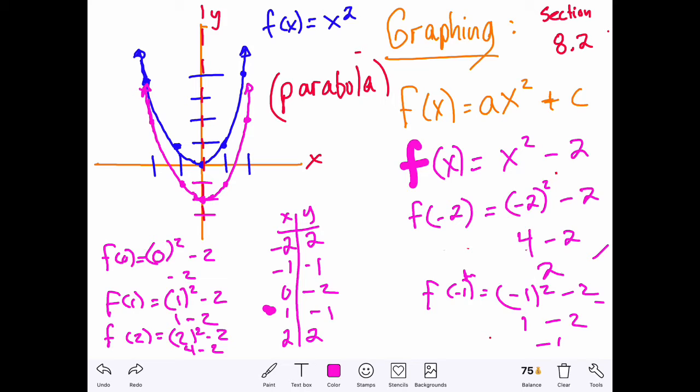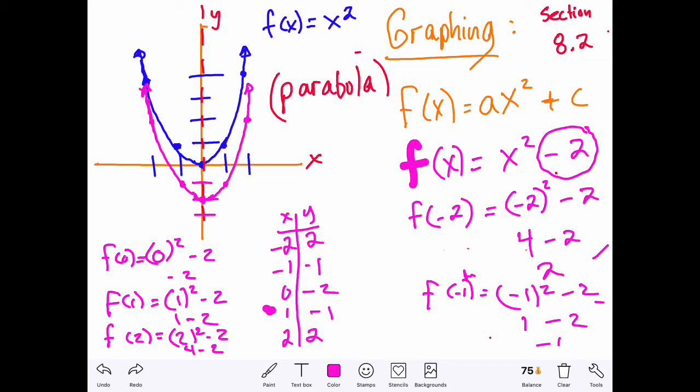Okay, so if we look at our parent function, f of x equal to x squared in the darker purple, we can compare it to what happened to our function f of x equals x squared minus 2 in the lighter purple. So in the lighter purple, we had what's called a vertical shift down 2 units.